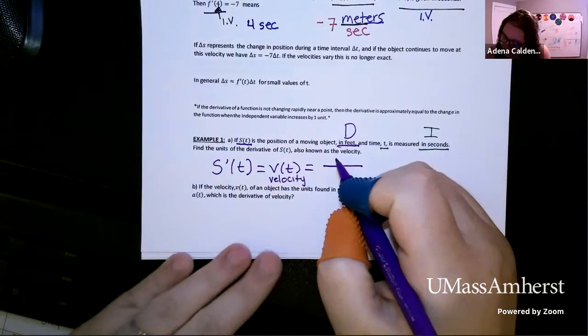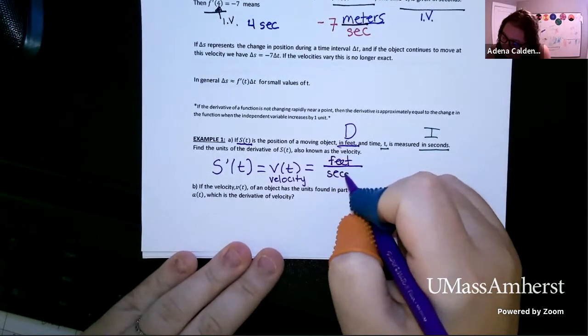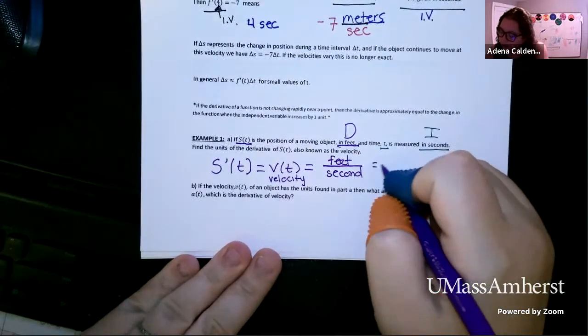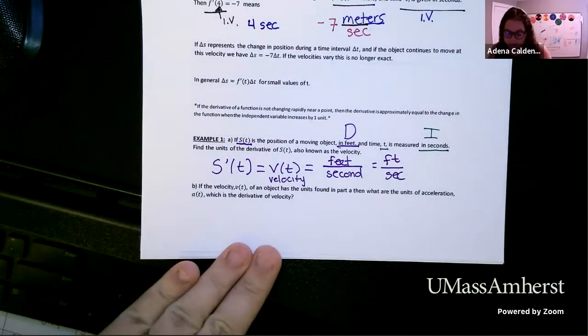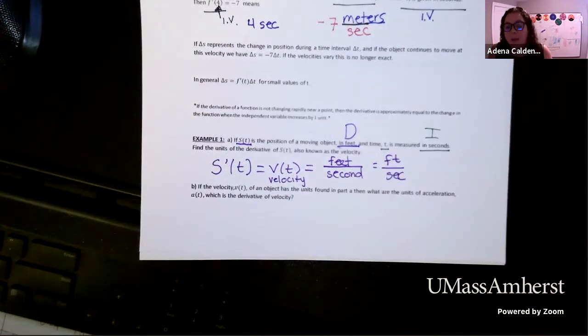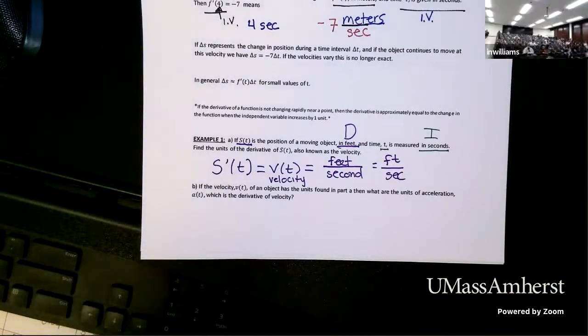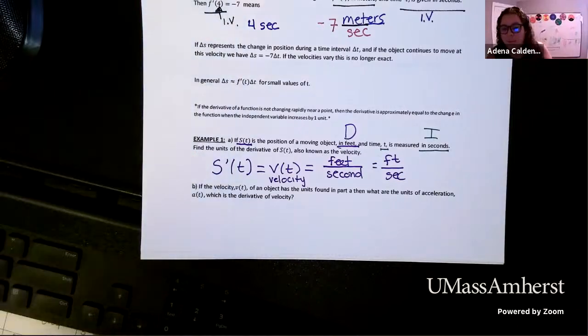So here, that's feet per second. You will often see this abbreviated like this, feet per second. Those mean the same thing, but the idea is that we have the dependent units over the independent units. That's the units of the derivative of position. Okay, so that's part A.